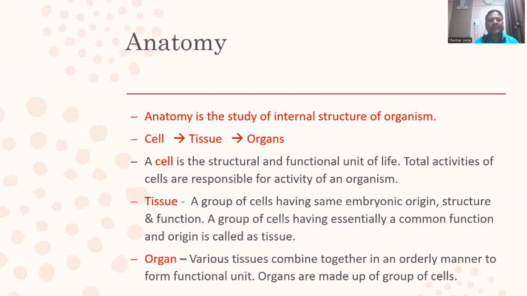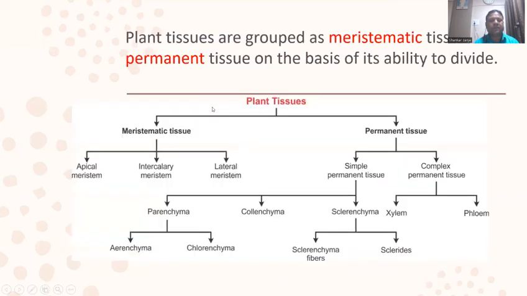In case of plant, two types of tissues are there. First is the meristematic tissue and second is permanent tissue.